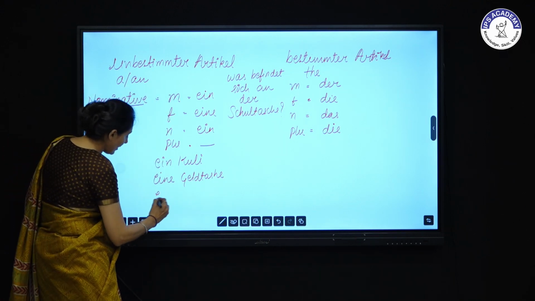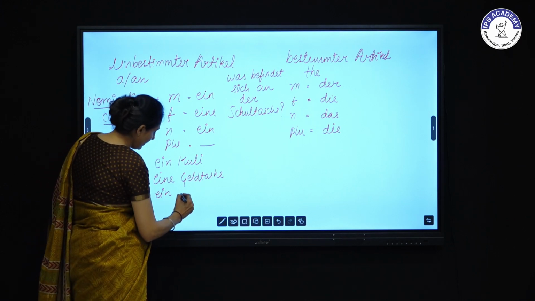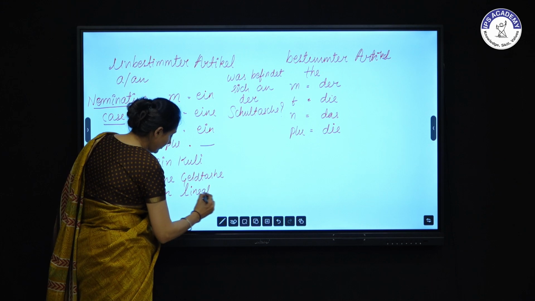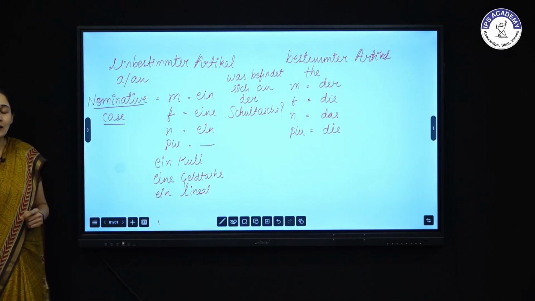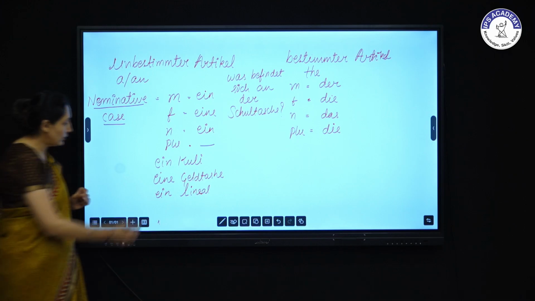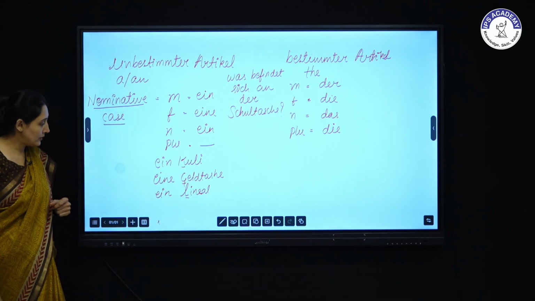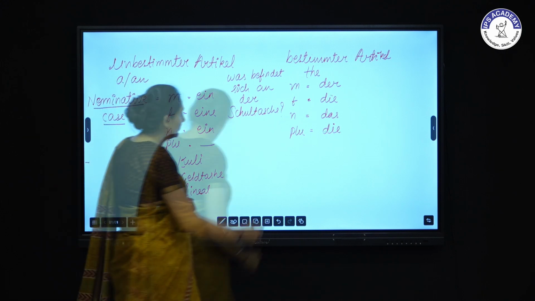We can also have ein, that is the neutrum, Lineal. Every noun has a capital letter at the first. The first letter is always in capital form. So that is Kuli, Geldtasche and Lineal.